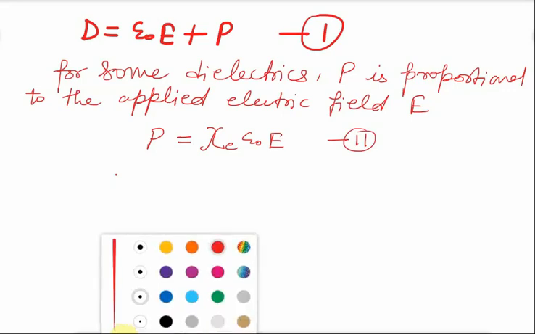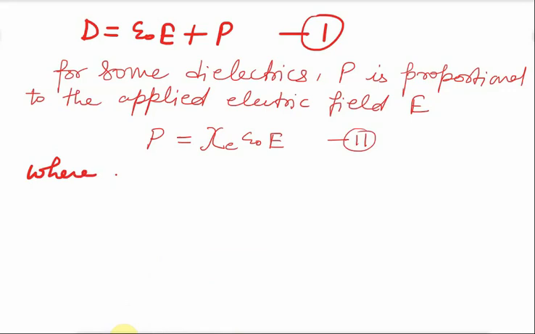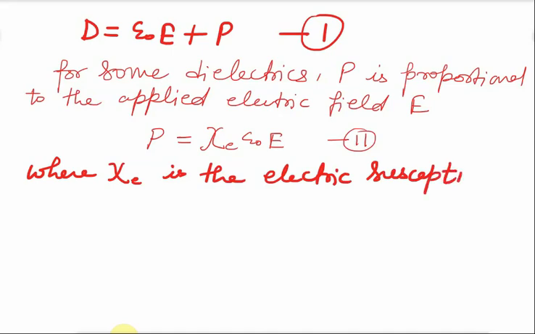where this chi E is known as the electric susceptibility of the material.